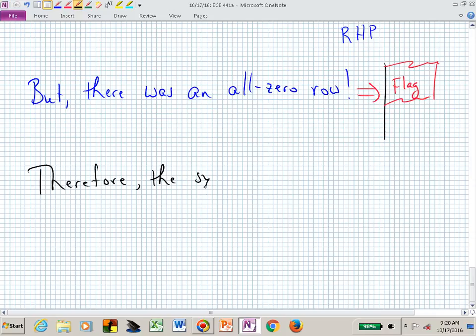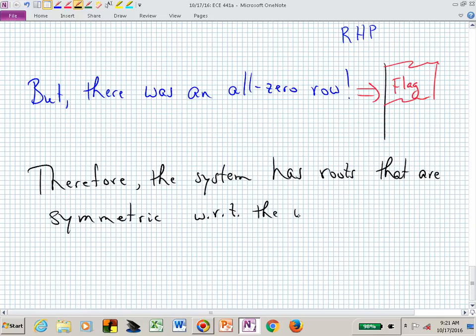Therefore, the system has roots that are symmetric with respect to the origin.